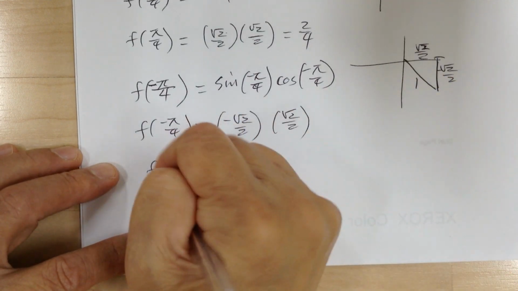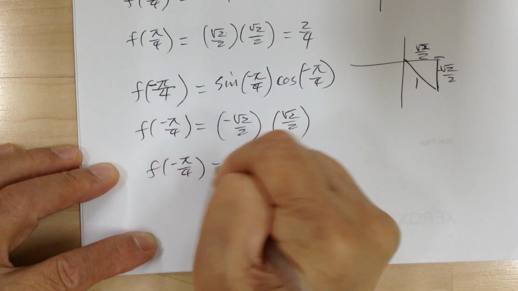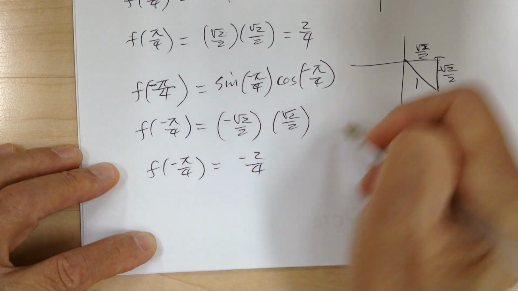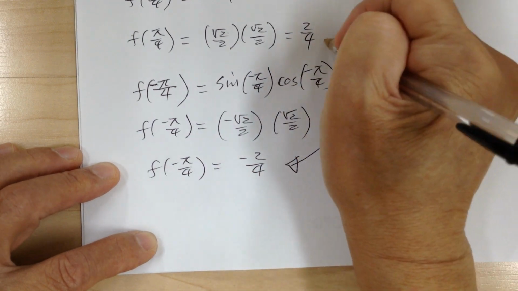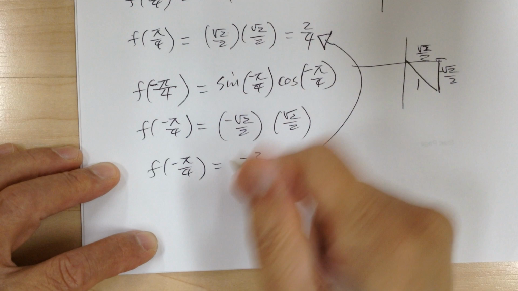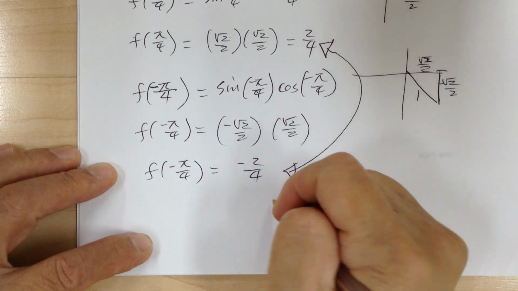When you multiply, they give you negative 2 over 4. And notice what happened to the numbers: they're opposite. So this is an odd function.